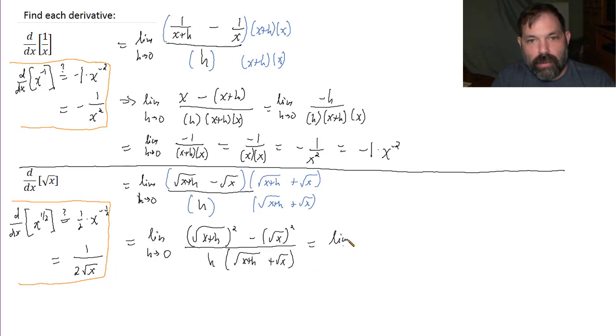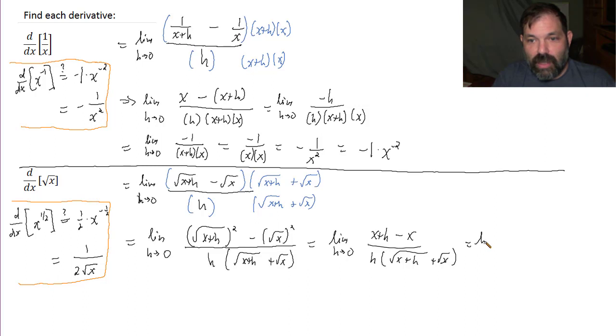This is the limit with h approaching 0. And that would give us x plus h. The square root of x plus h squared is just x plus h. Minus the square root of x squared is just x. Notice something nice happens in the numerator. X minus x is 0.